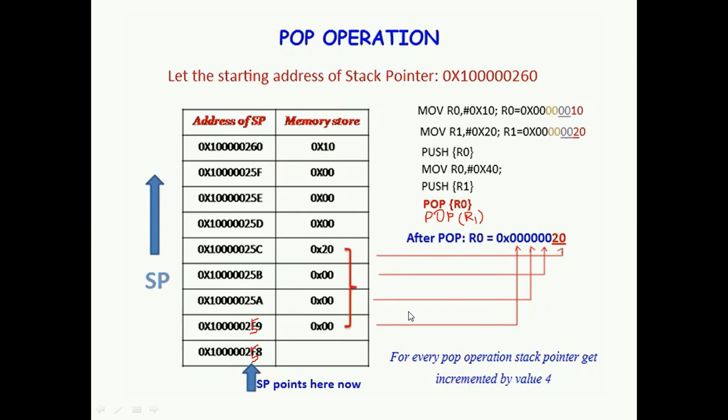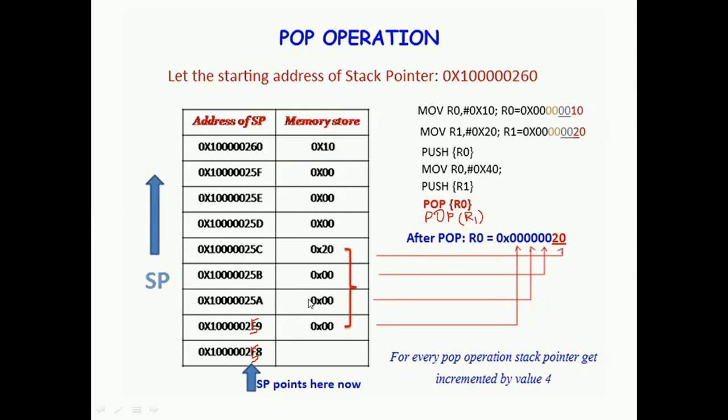Let's see. First, the first byte from the top of the stack. Now this is the top of the stack. The first byte is restored from the MSB side first. Then the stack pointer gets incremented by 1 position. It is incremented here, remember.